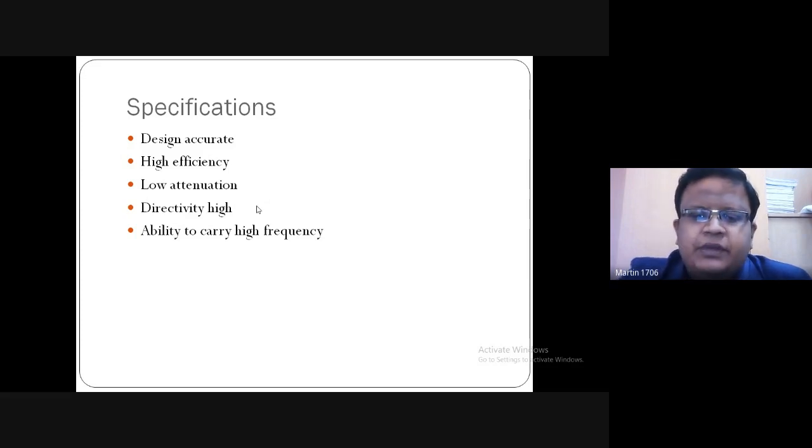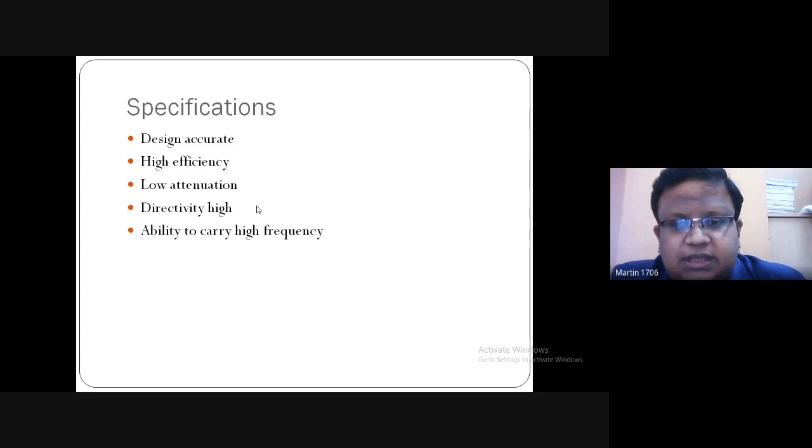And the last one is the ability to carry high frequency. Suppose this point I will correlate with the same example. If two persons are talking, only these two alone, they are talking continuously. They do not listen to others.